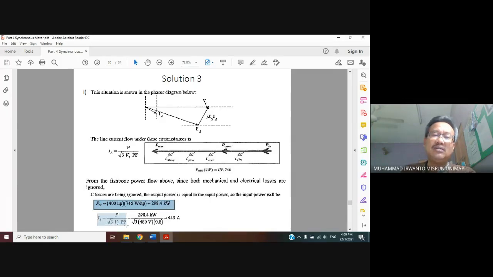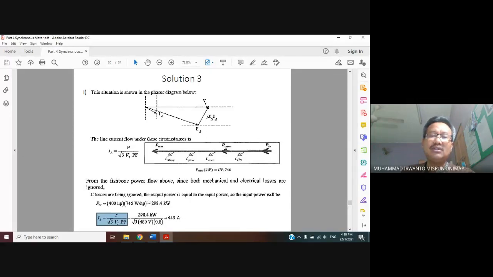And then we know that input power is equal to root 3 line voltage multiply line current multiply power factor, or line current is equal to input power divided by root 3 line voltage or terminal voltage multiply cos theta power factor.